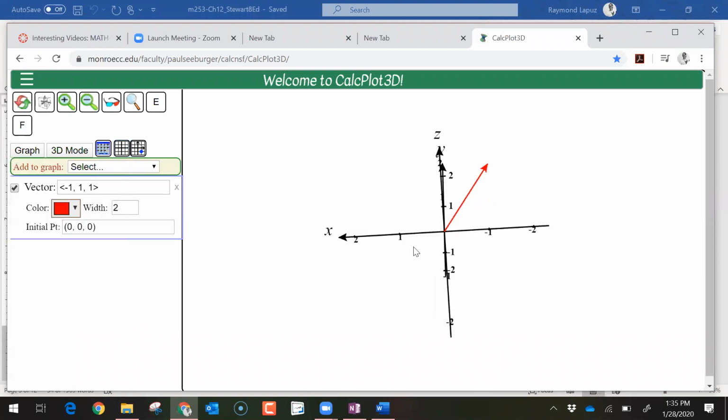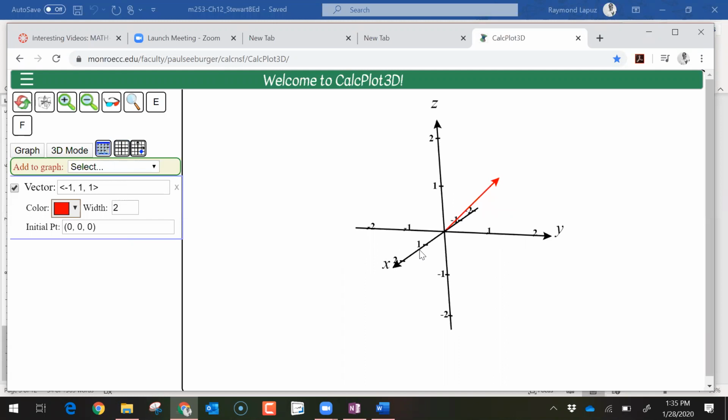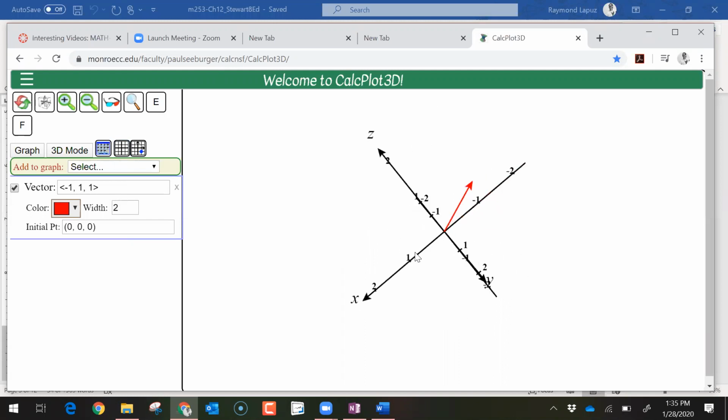All right, so this is our vector, negative 1, comma 1, comma 1.